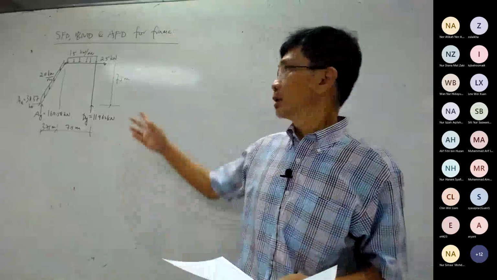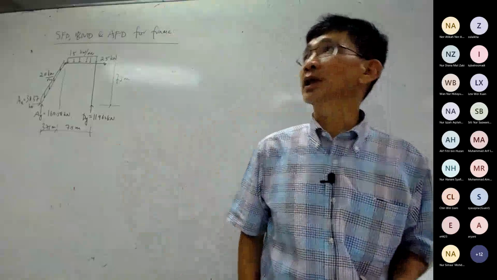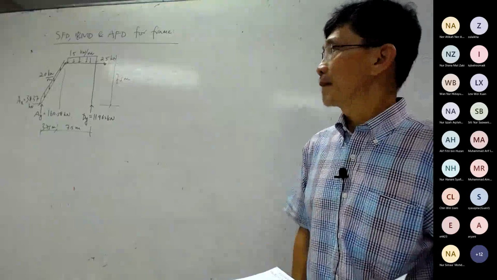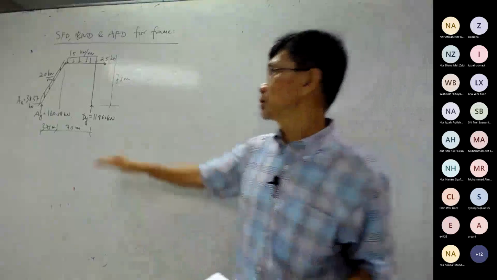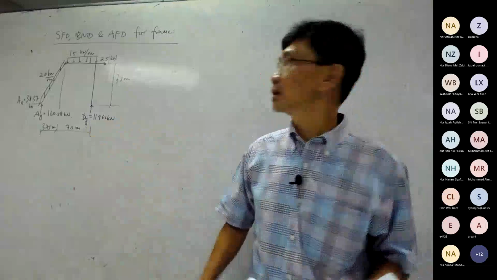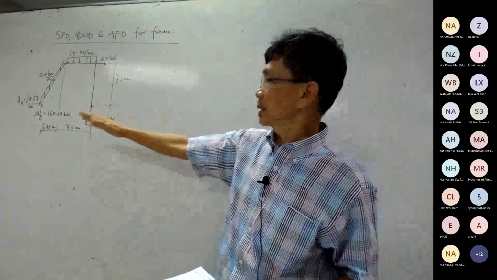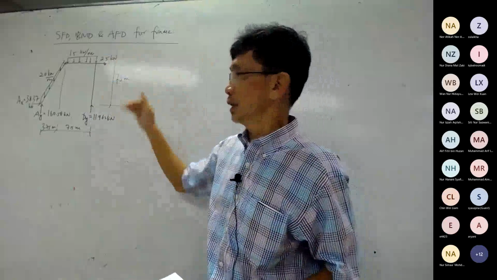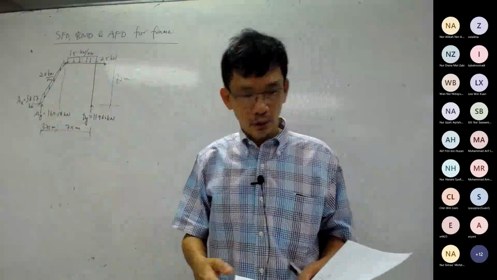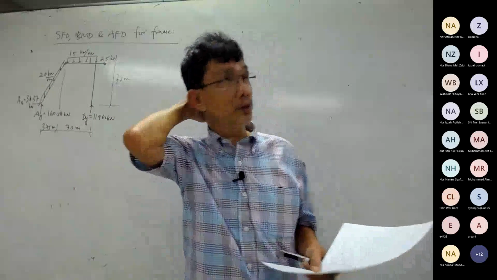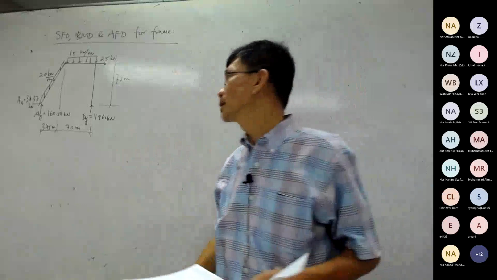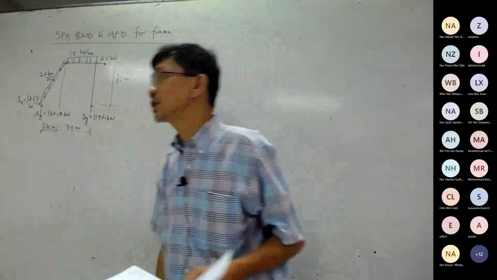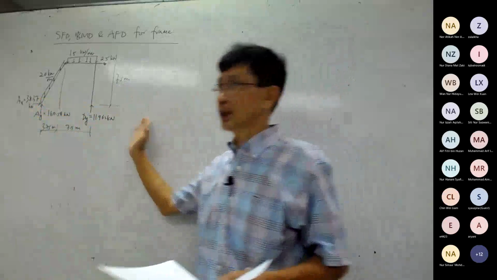Of course, if you are asked to draw the shear force diagram and bending moment diagram, as mentioned yesterday for the beam problems, you can just determine one side of the reaction forces, then by using the appropriate free body diagram after you cut, you can draw the whole axial force diagram, shear force diagram, and bending moment diagram. Either you get these reaction forces or this group of reaction forces, then either side you can start.